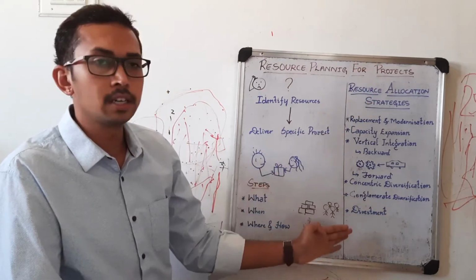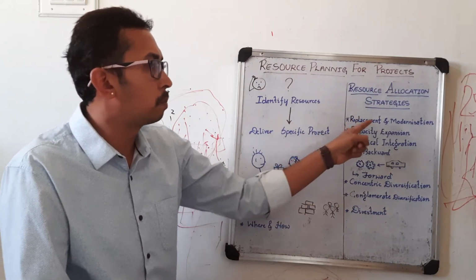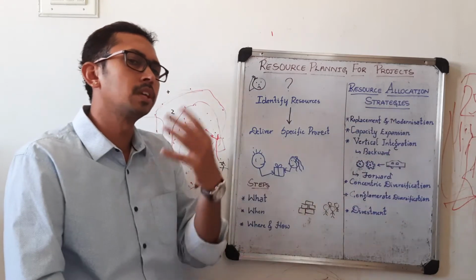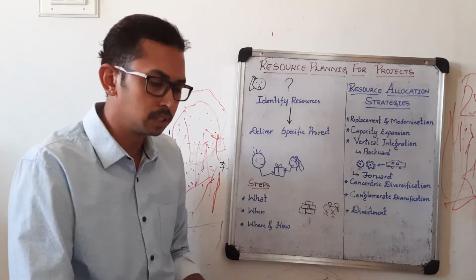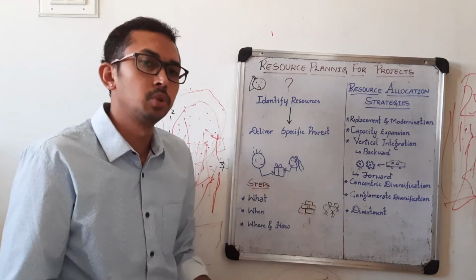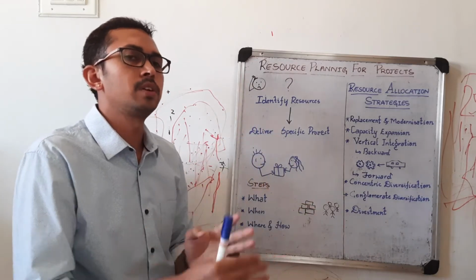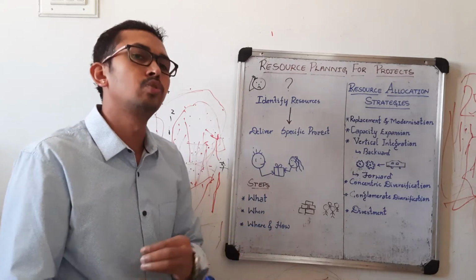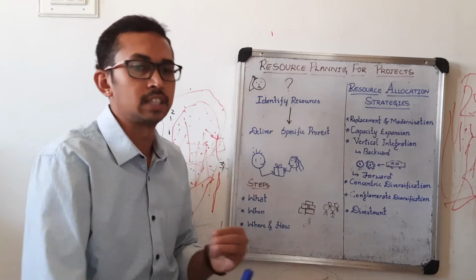Under the methods, the first method is called replacement and modernization. What is the meaning of replacement and modernization? Take any organization or education institute: every 5 or 10 years the technology changes drastically.